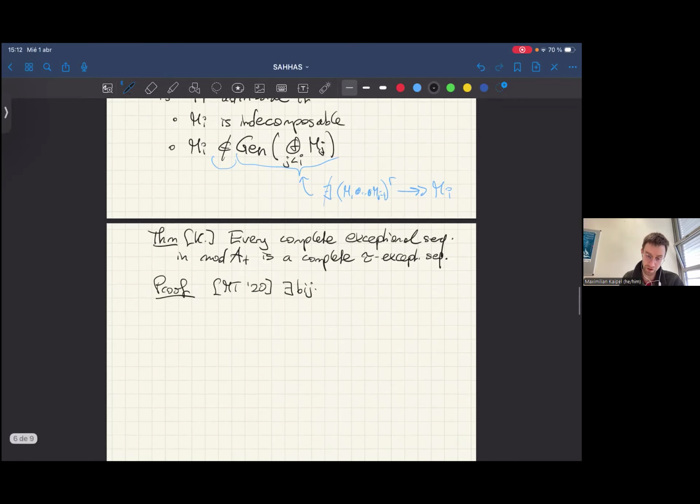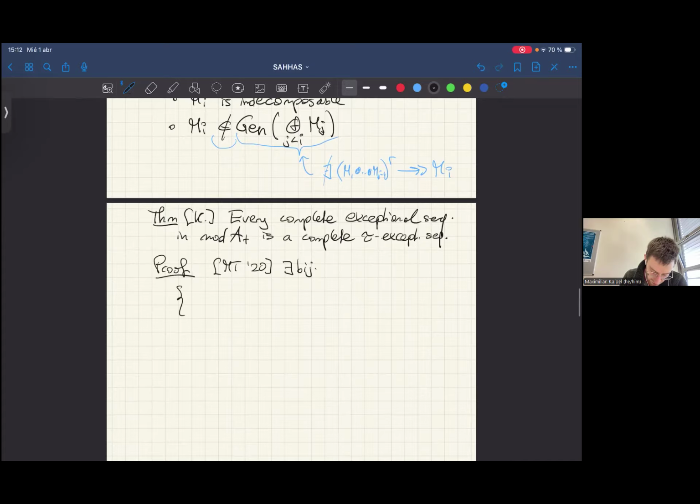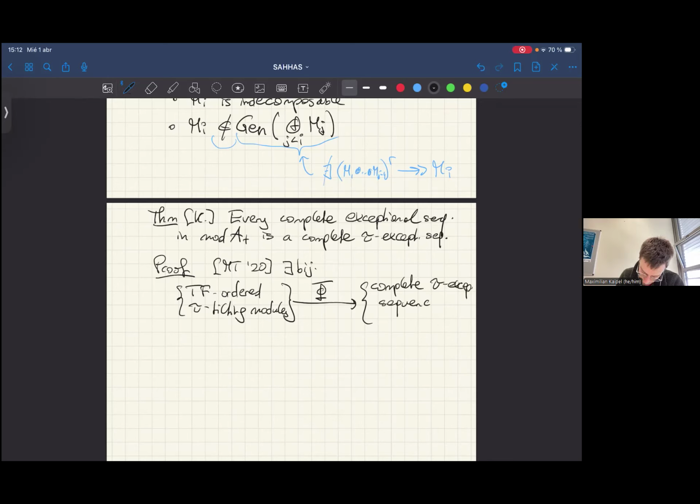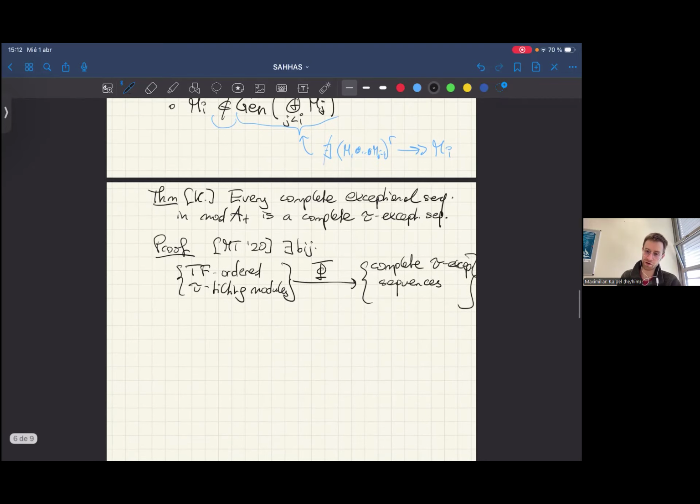So their result says that there is a bijection between TF ordered decompositions of tau tilting modules, which I'll call capital phi, and it maps to complete tau exceptional sequences. And this actually holds for all finite dimensional algebras, not just for our special class of algebras.